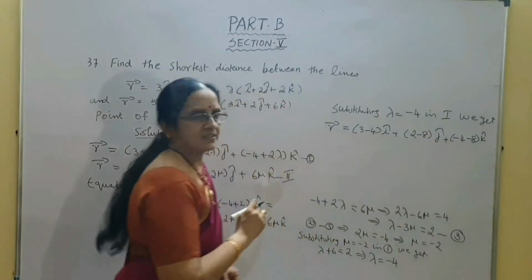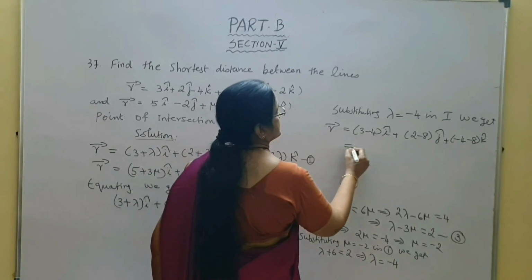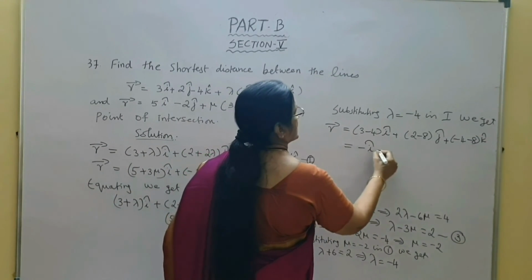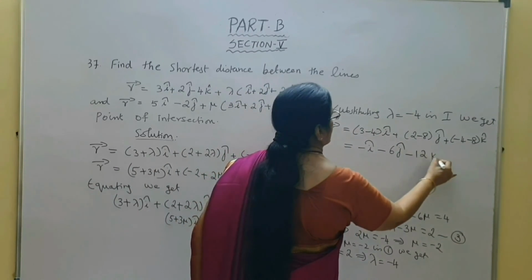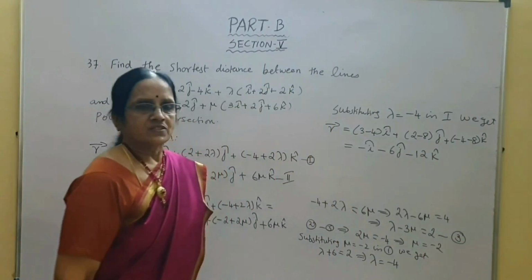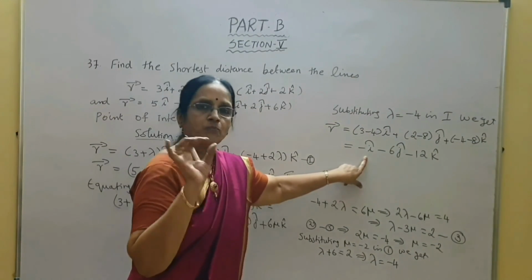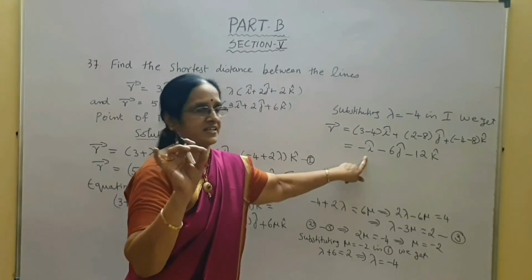This is nothing but minus i cap minus 6 j cap minus 12 k cap. So this is the position vector of the point of intersection.